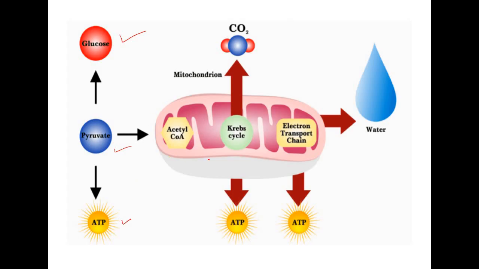Then pyruvate enters the Krebs cycle in the mitochondria, with an intermediate reaction by the help of acetyl coenzyme A. In the Krebs cycle, ATP is also produced and carbon dioxide is liberated. Last, in aerobic respiration, the electron transport chain, or simply ETC, produces ATP, and at the end of respiration, water is also liberated.